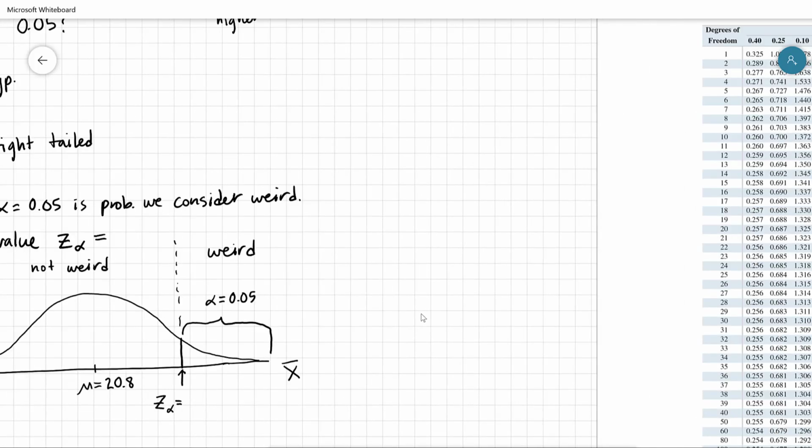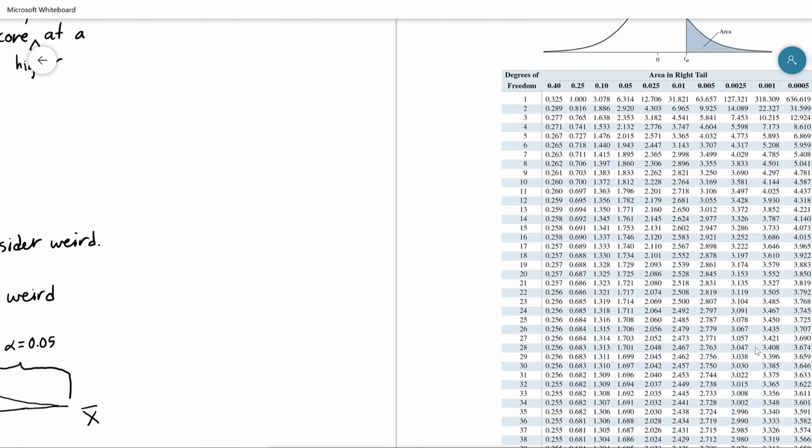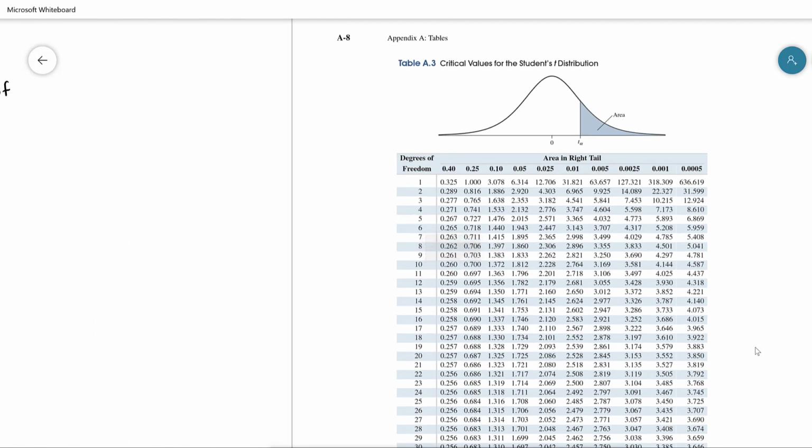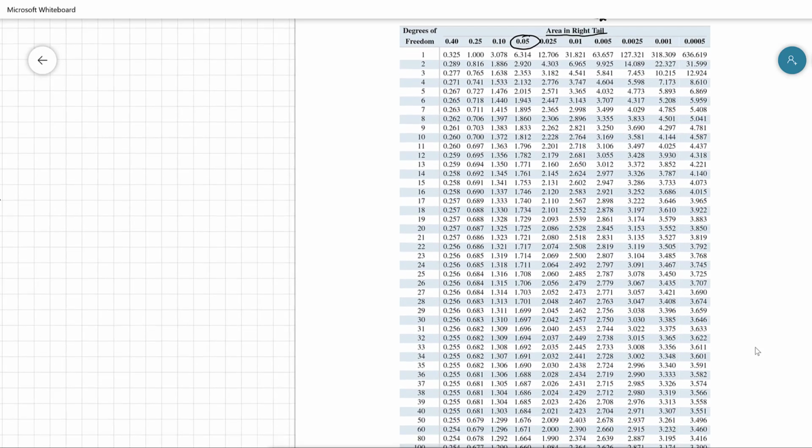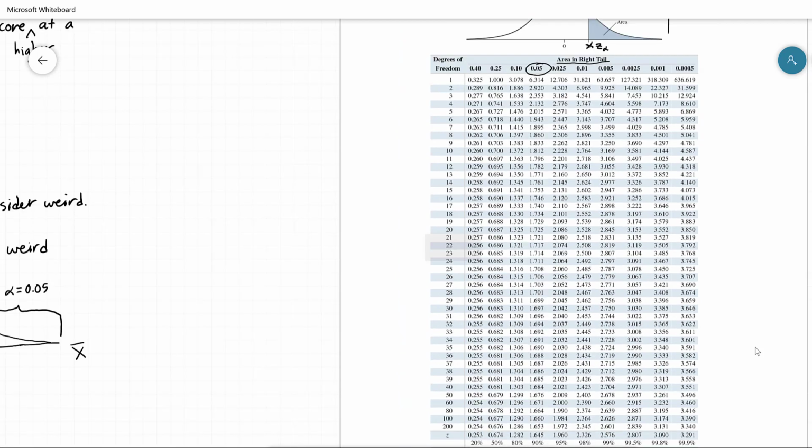So now if we go over to our table, this will make more sense. I want the z-score right here, so I want, in this case, the z-score, not t-score, where this area right here is 0.05. And so I go down and I look for the area in the right tail. Here's the area I'm interested in. That's the row or the column that I need to use, but I need to use the row.